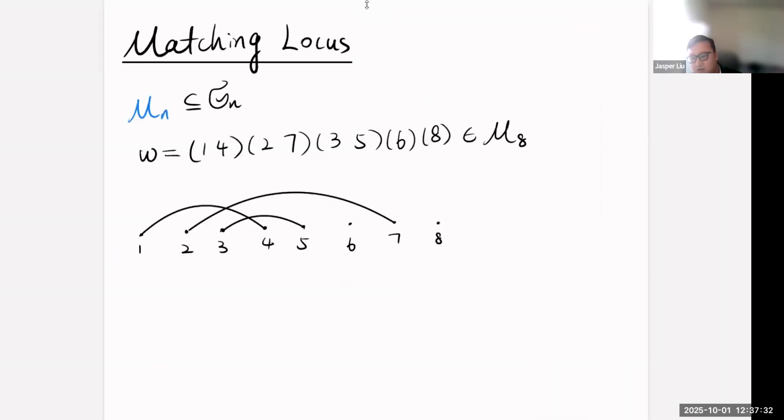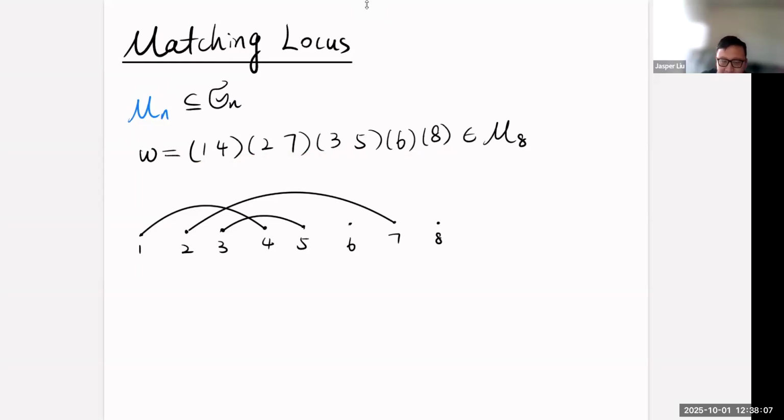So our final two objects of study, the first one is what we call the matching locus, or I will actually always call it the involution locus. Here is why. What we have is actually the collection of involutions in S_n viewed as matrices. So the collection of involutions are just permutations such that in the cycle notation, all cycles have length 2 or 1.